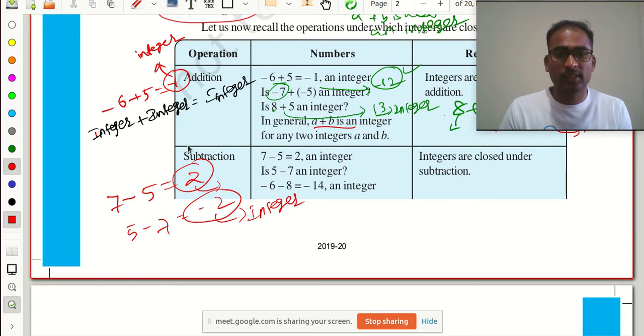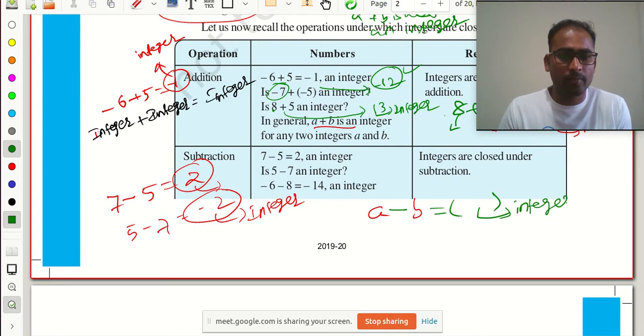Is this right? Yes, sir. Why? Because in general, if I take A as one integer and B as another integer, and I subtract these two integers, then the answer also has to be an integer only.